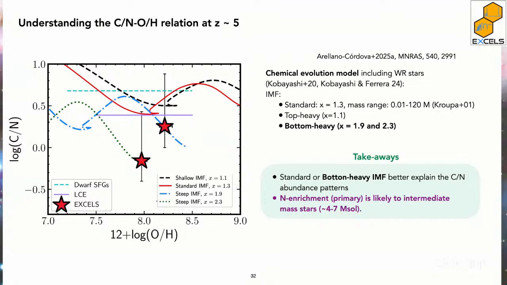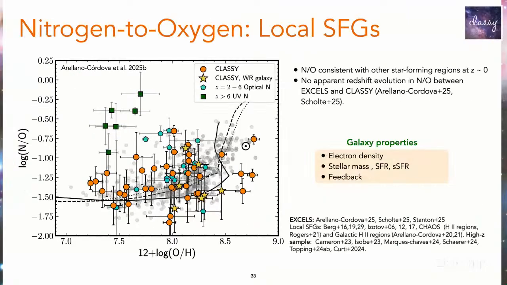Then, if we want to compare with other galaxies at lower redshift than these two galaxies, we have again this plot comparing CLASSY galaxies at redshift 2.6. Even if I remove these objects and just have these galaxies with the same symbol, you see that the local universe and redshift 2.6 have the same dispersion, and you want to understand why.